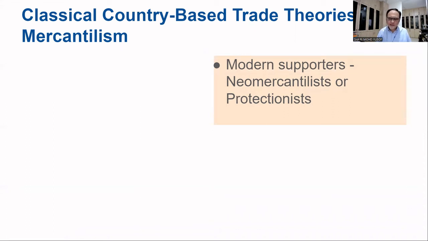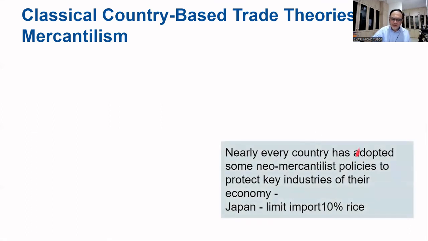We call it protectionism. Even until today, the US also has policies that try to protect their domestic industry, and nearly every country has adopted some kind of neo-mercantilist policies to protect key industries.